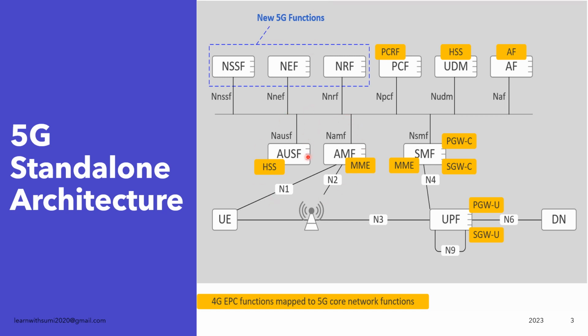So 5G AUSF receives authentication requests from the access and mobility management function and interacts with the unified data management to obtain authentication vectors for processing of 5G AKA authentication, and validates network responses to determine whether or not the authentication was successful.